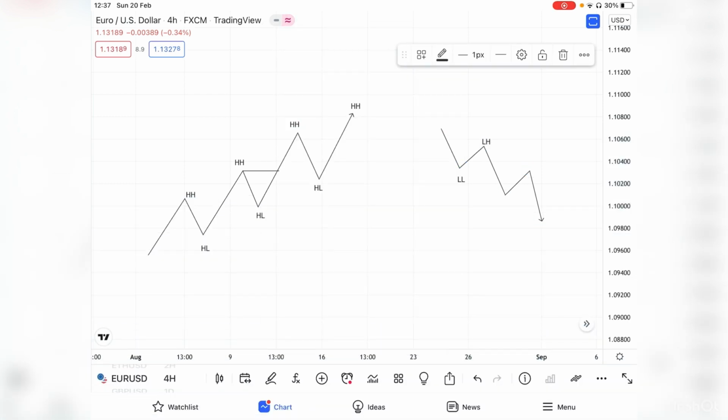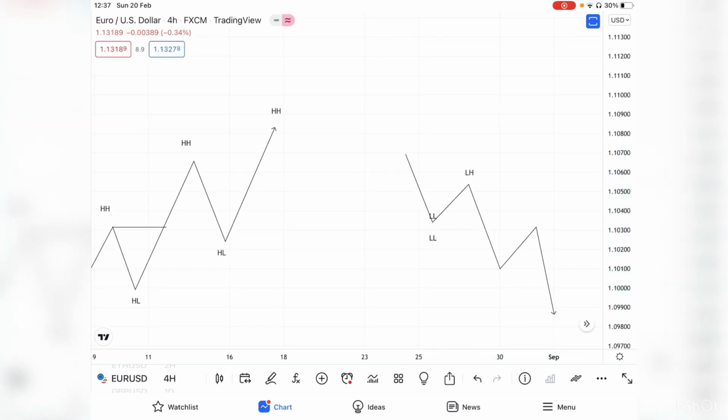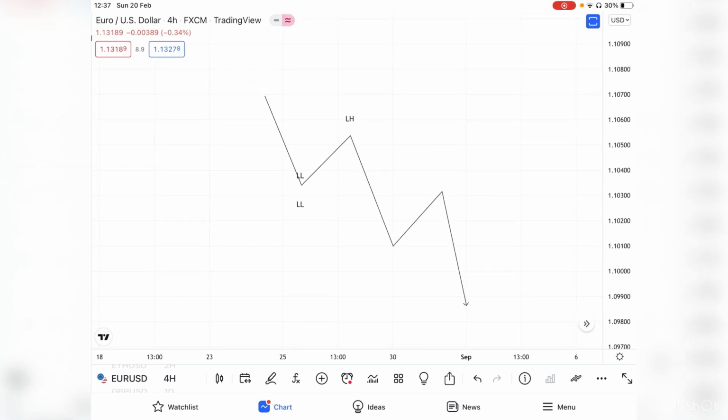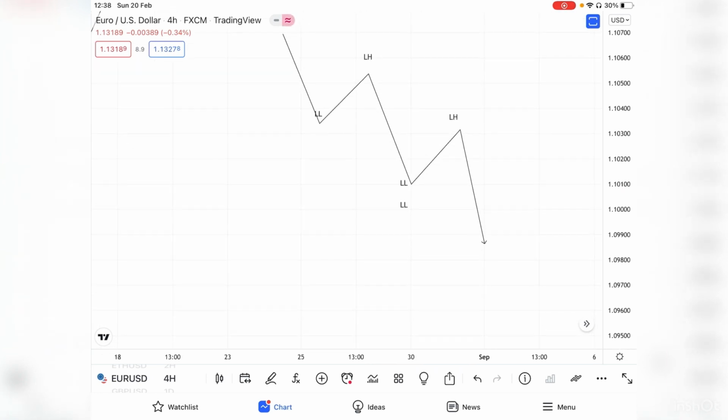Then we have another lower low down here. Let me clone it. Let me actually move this one, it's easier. Lower high, let me clone it, boom, this one right here, and then we have another lower low right here.